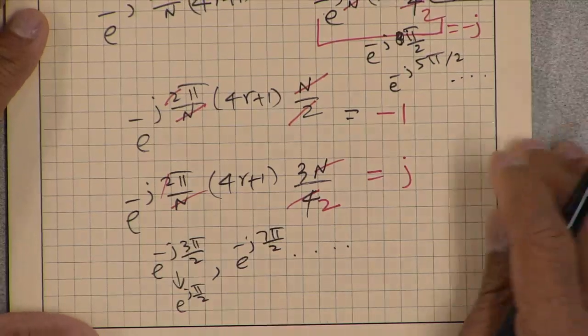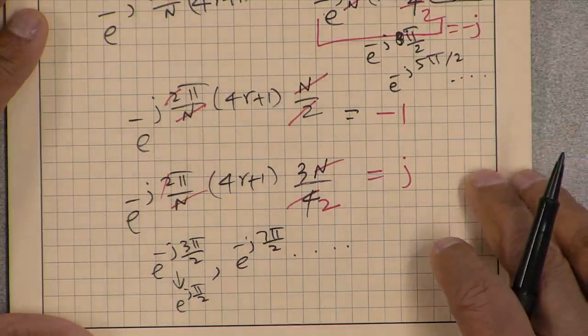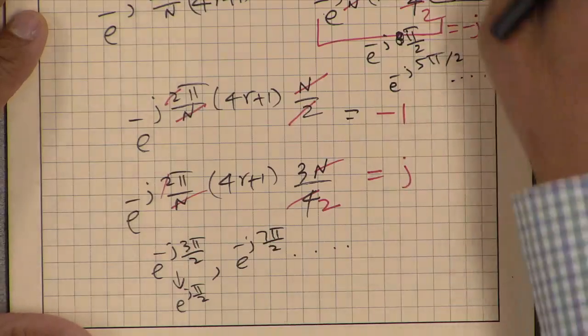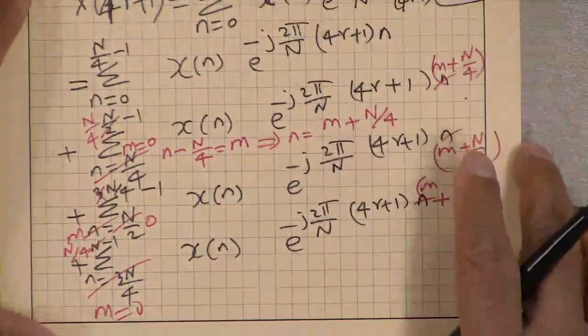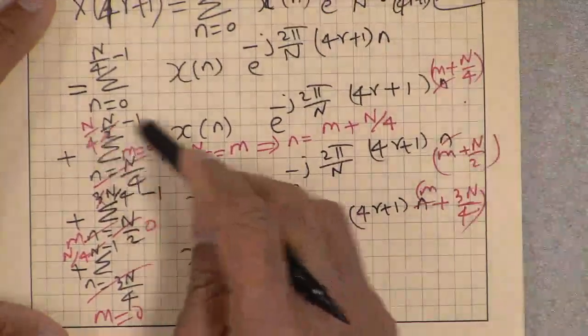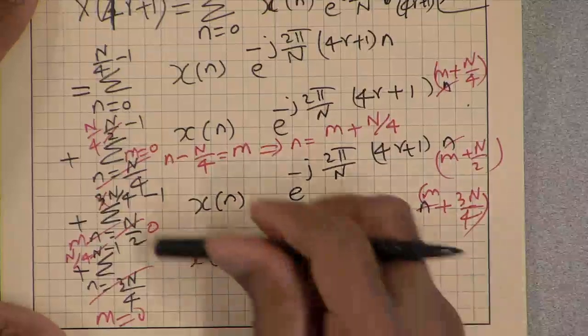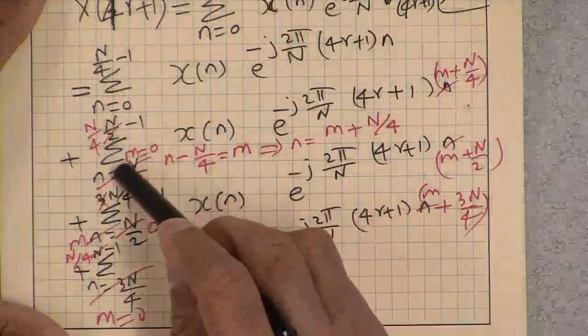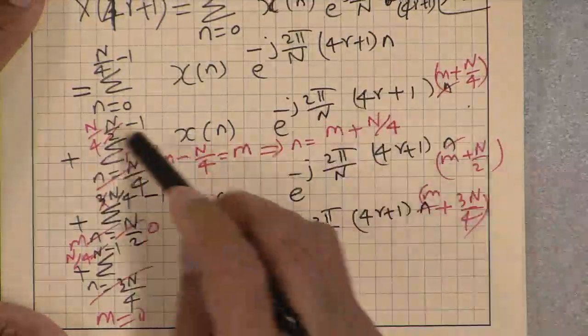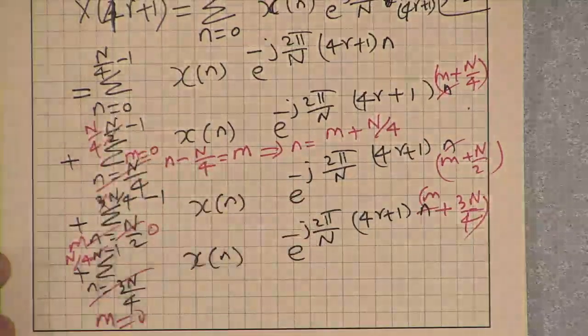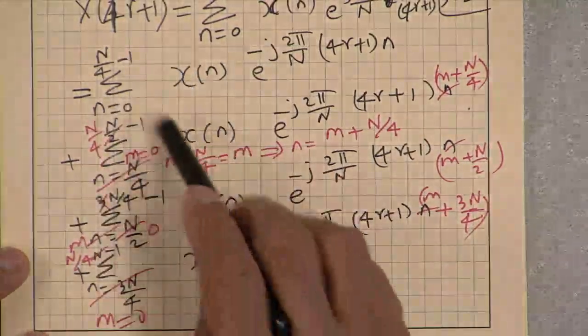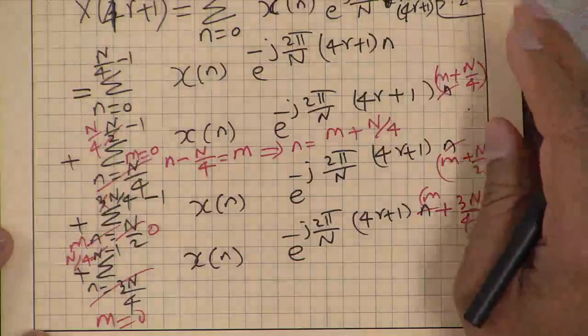Okay, so we spent a little time finding out what those terms are. And then if I come back here, I can place all these dummy indices back to n. So these are m, I can put them back to n, it doesn't matter. Then it becomes the same index as that n, and we can take them all outside a bracket.